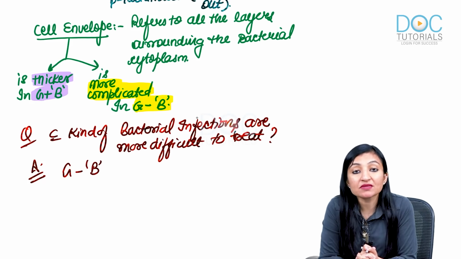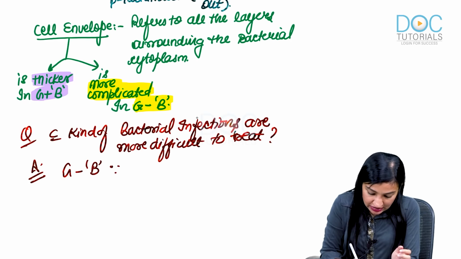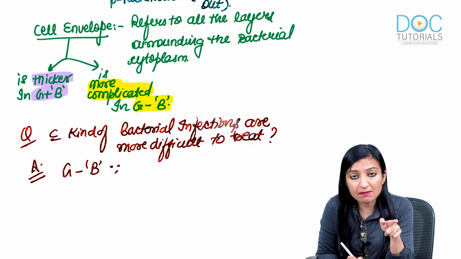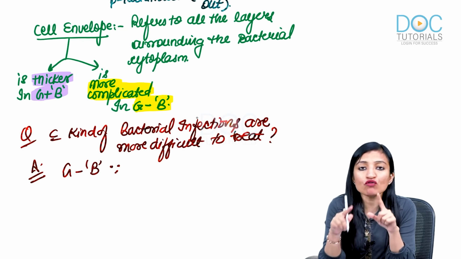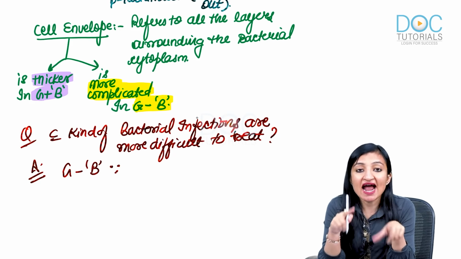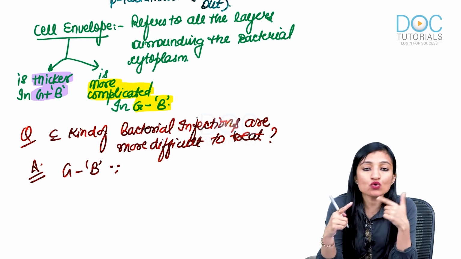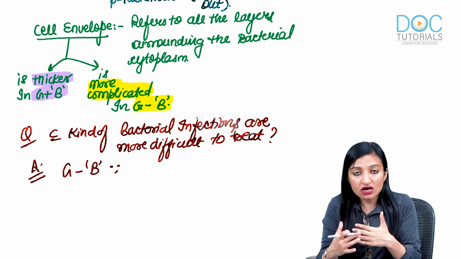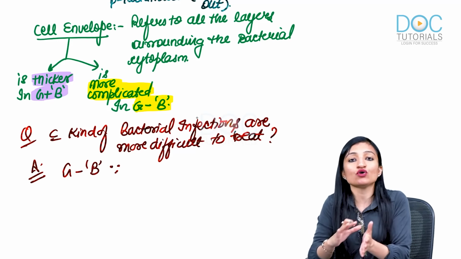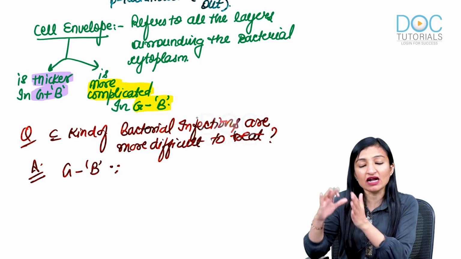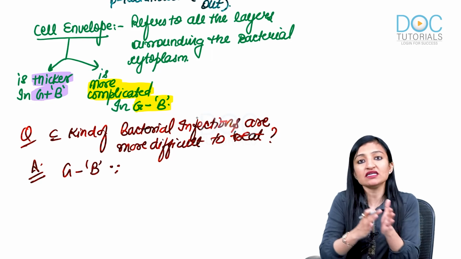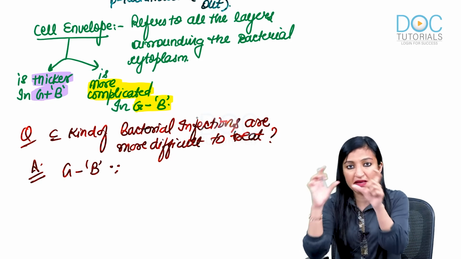You know why, guys? Because G minus bacteria have two lipid bilayers in the form of the cell membrane and the outer membrane, both of which are phospholipid bilayers. I have explained in detail how the security guard or policeman or watchman works to prevent the entry of unwanted people inside a building or an area. Very similarly, these phospholipid bilayer membranes also act.